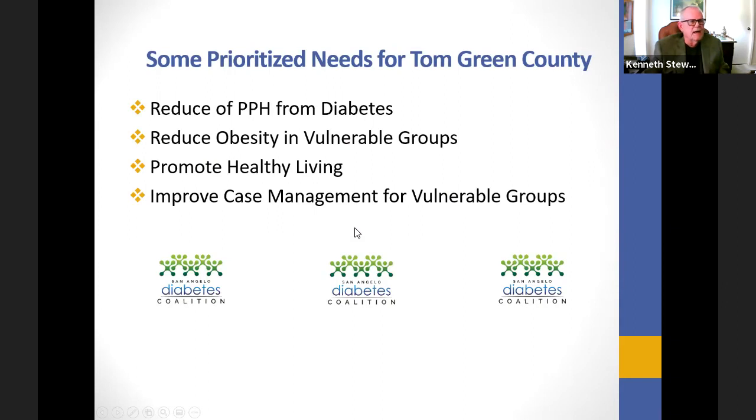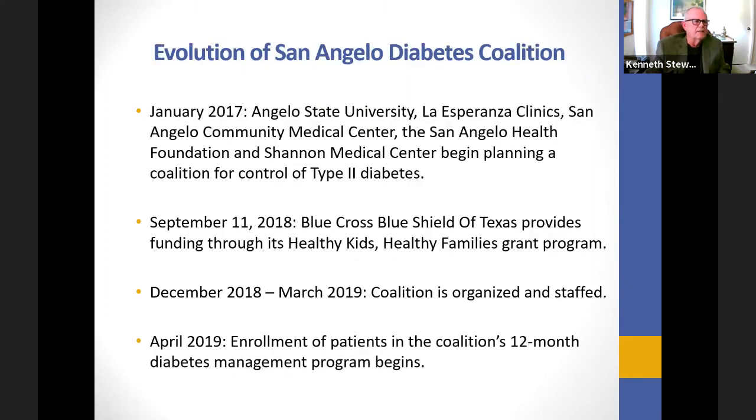With that gap analysis in mind, our health needs priority folks then identified these priorities: reducing potentially preventable hospitalizations from diabetes, reducing obesity in the vulnerable groups of the community, promoting healthy living, and improving case management among vulnerable groups with type 2 diabetes.